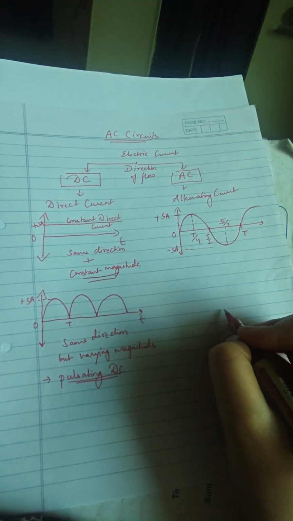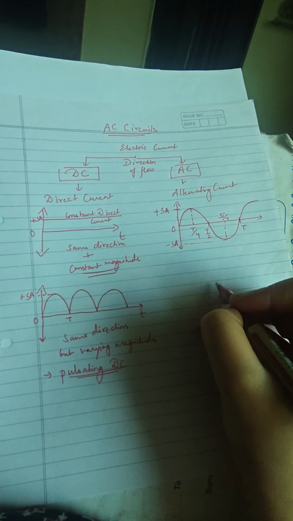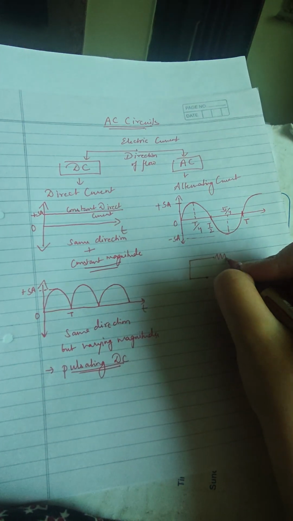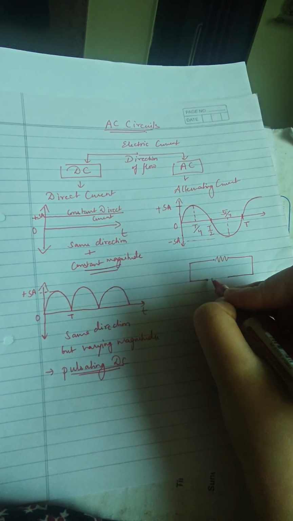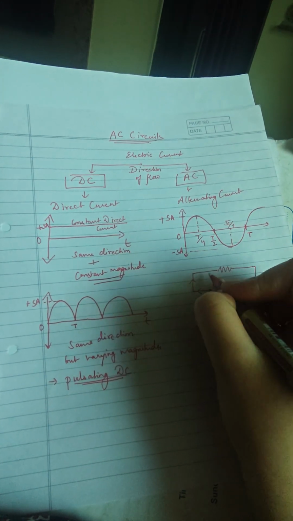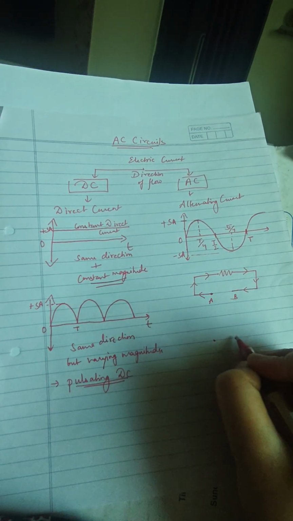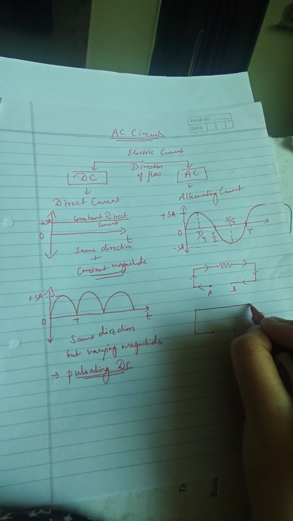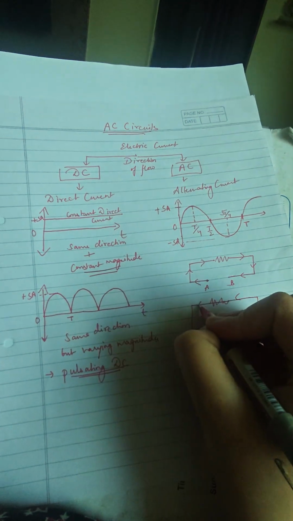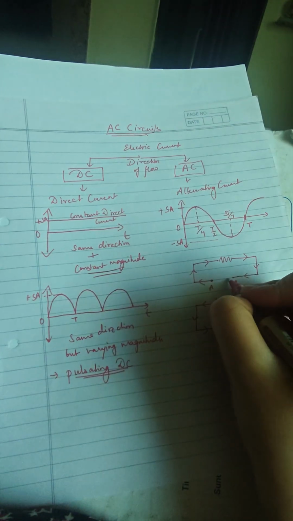If you actually go and see a circuit which has AC current flowing, you will find that the current flows in this way: if you have a resistor connected here, then for the first part of the cycle the current will move from A to B, and then for the second part of the cycle it will move from B to A. It is denoted by this symbol.